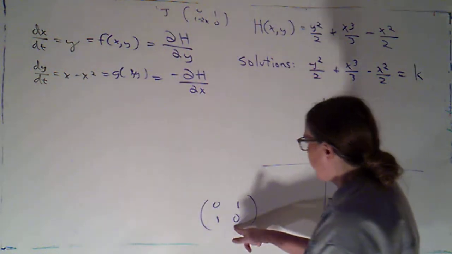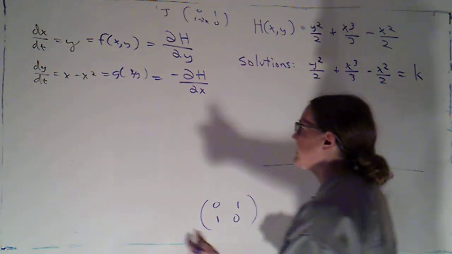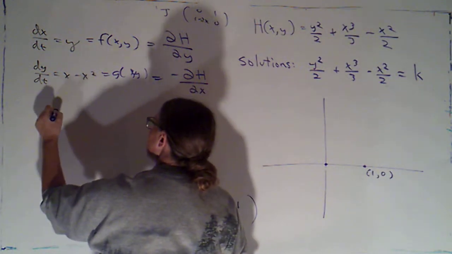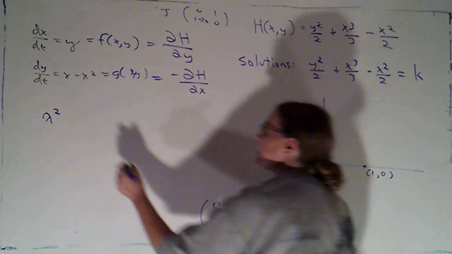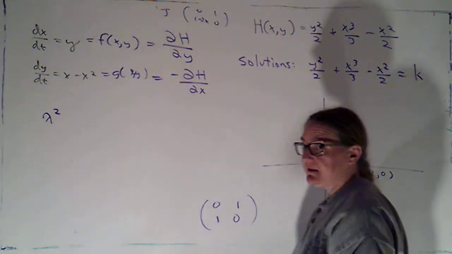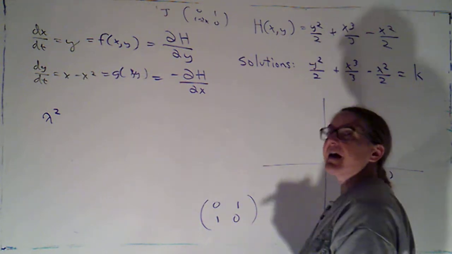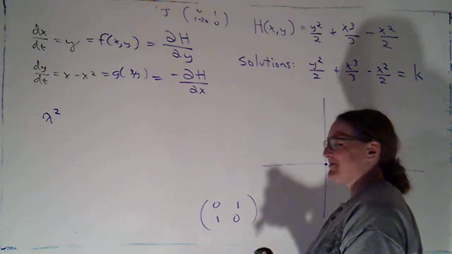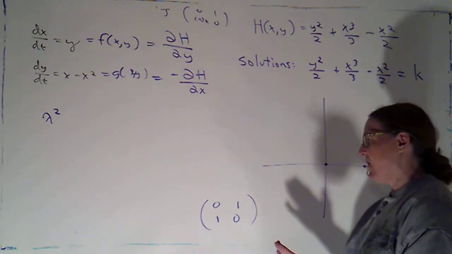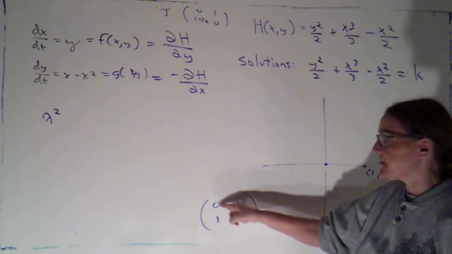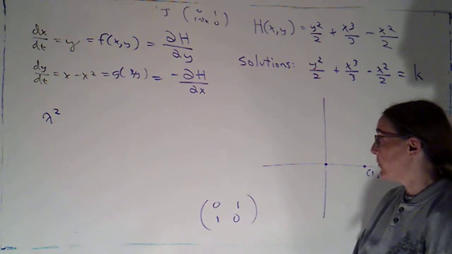All right, so if I'm working with this matrix, 0, 1, 1, 0, my characteristic equation is going to be lambda squared. The trace is 0, so minus the trace times lambda. That piece drops out, and that always happens with a Hamiltonian system. The lambda term in the characteristic equation is gone. Okay, that's because these guys are opposites, so the trace will always be 0.